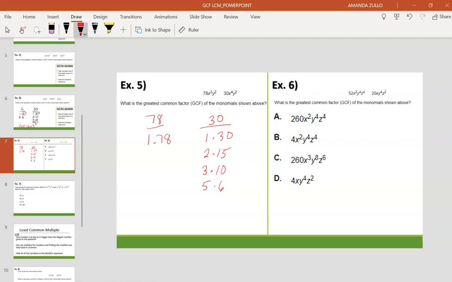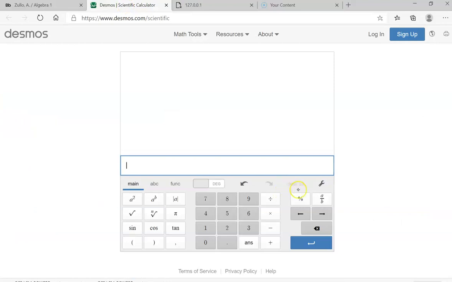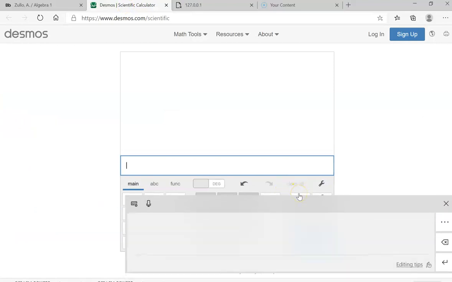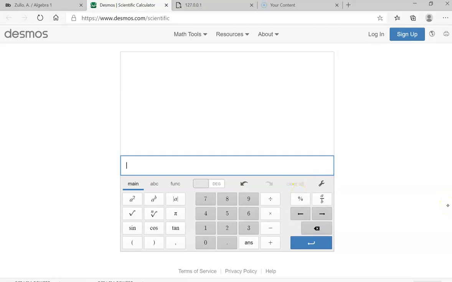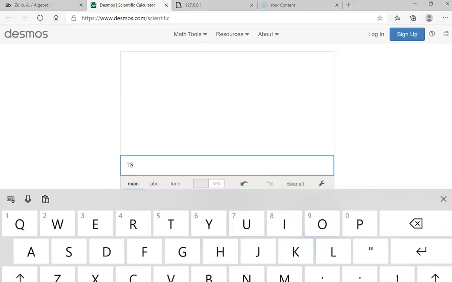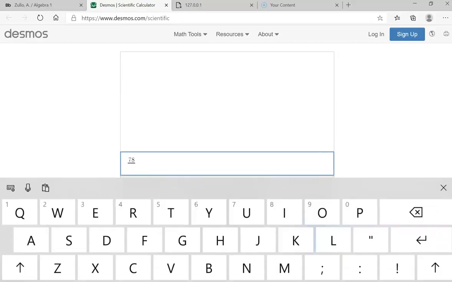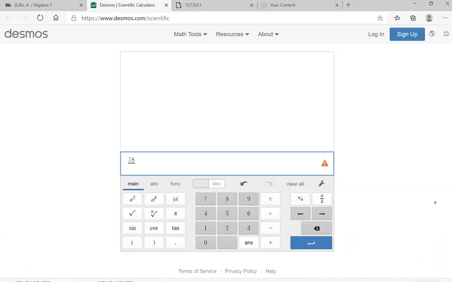You're going to want to go back to your calculator. That's not our calculator. Here it is. Okay, so we're going to do 78 divided by 2.